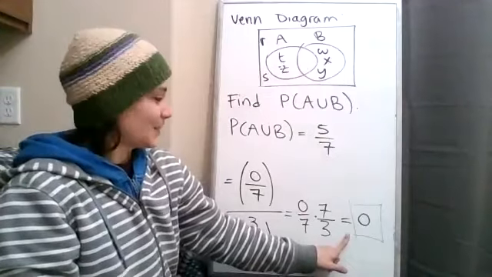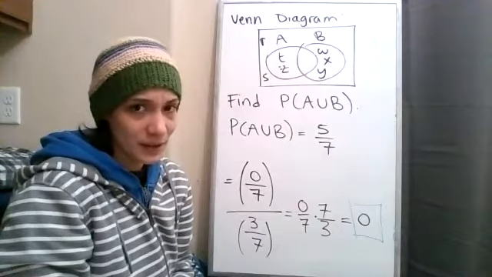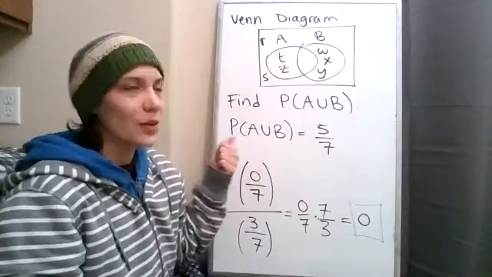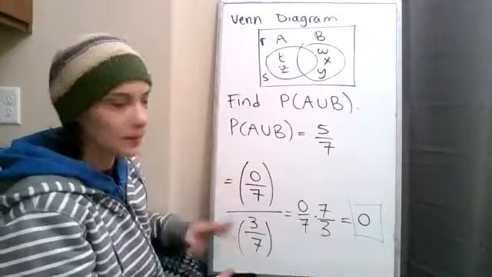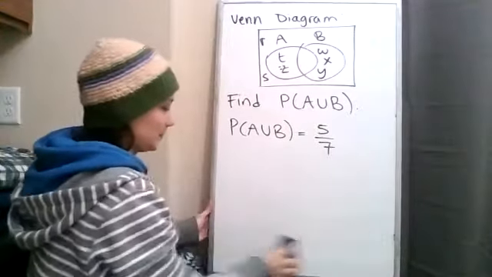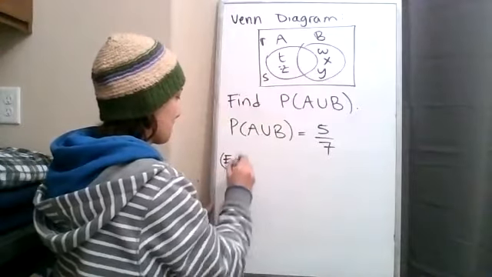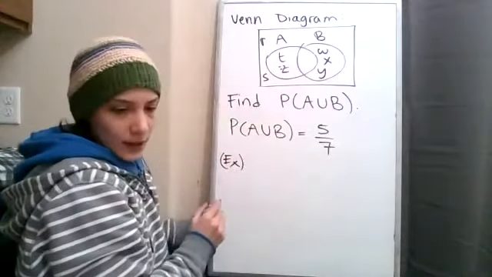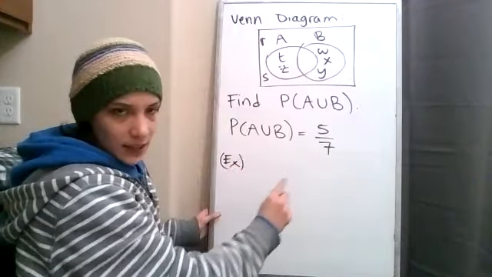Okay, so what we're going to do is make a table and then do similar probabilities from the table. We've got A, B, and the total.